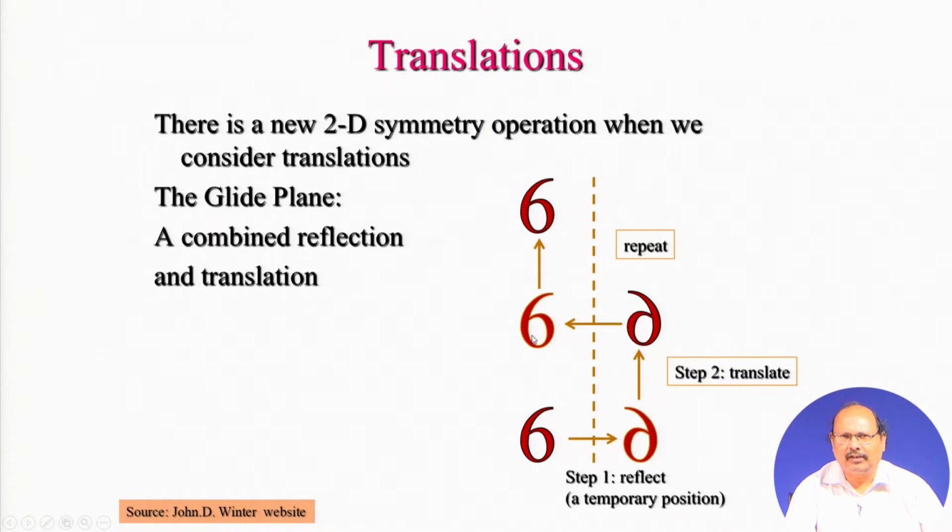So, this 6 and this inverted image of this 6 here are transient positions and they can be ignored. So, essentially the pattern that is developed here is 6 here, this inverted image of 6 here and this normal image of 6 here.